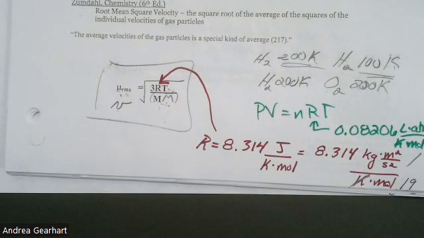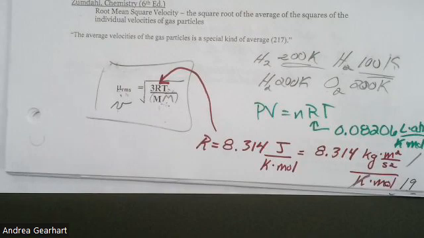So here's the other most common mistake. Using the different R value here, but do you see what unit we need on our molar mass? Usually molar mass, 99% of the time, is gram per mole.